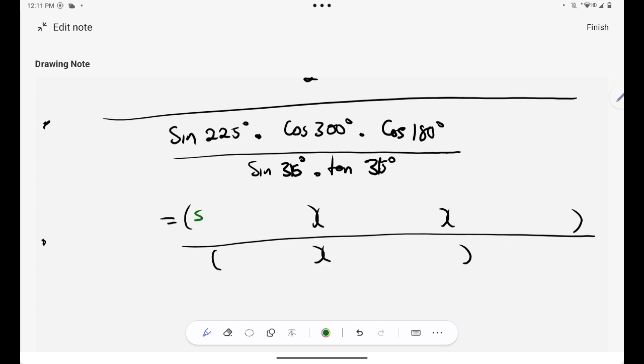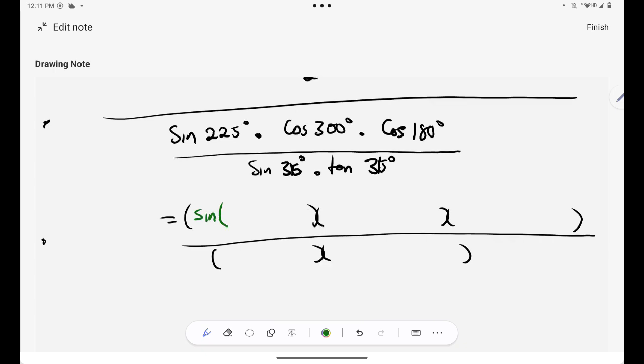Okay, I'll just say sine 225 is an angle in the third quadrant. Are you together? And in the third quadrant, we express angles as 180 plus. So I can simply say 180 degrees plus 45. I know that this will give me 225 degrees, right? And then I'll have cos of 360 degrees minus 60.